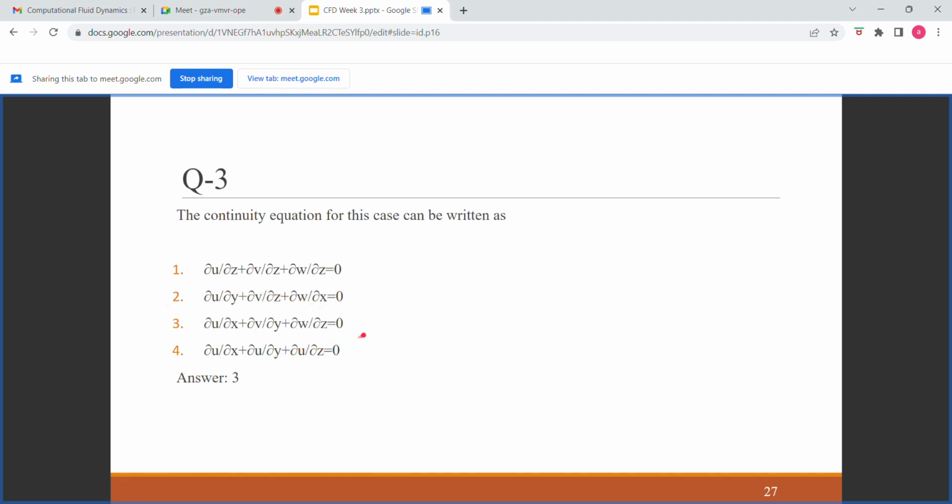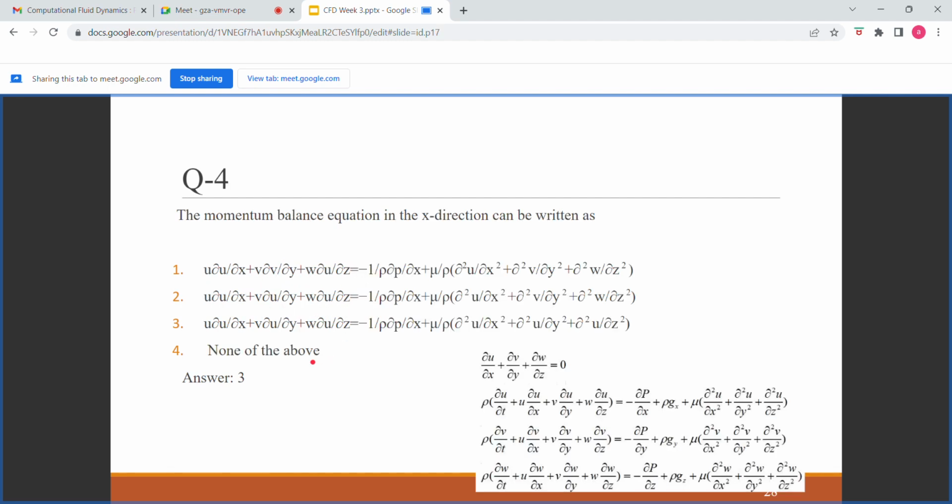This is a general case where all the other options were having different velocity or different domains. So all the other options were wrong. It is given the momentum balance in the x direction can be written as, u direction velocity would be given everywhere.